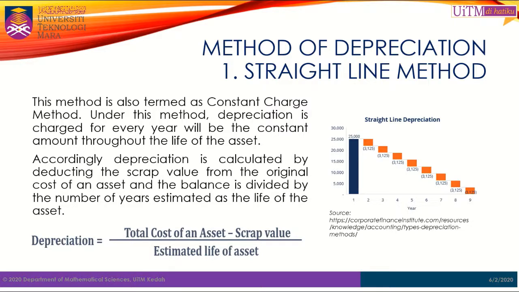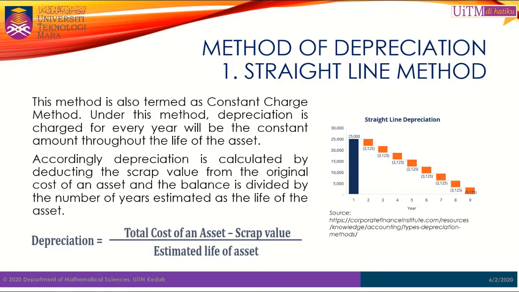In other words, the annual depreciation will be a constant value, which means that the value depreciated in year 1 will be the same as the value depreciated in year 2. So if in year 1 it depreciates 500 ringgit, in year 2 it will also depreciate another 500 ringgit, and so on.